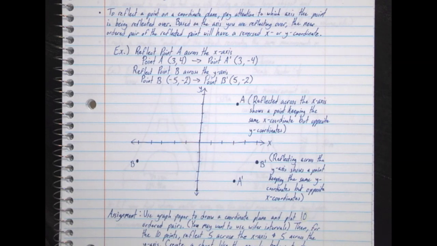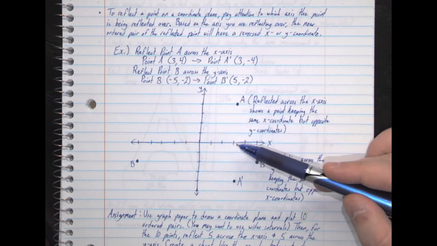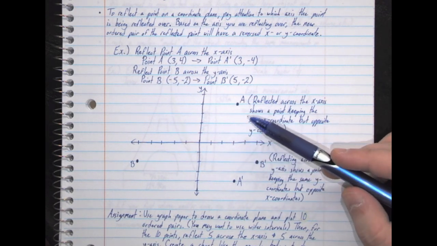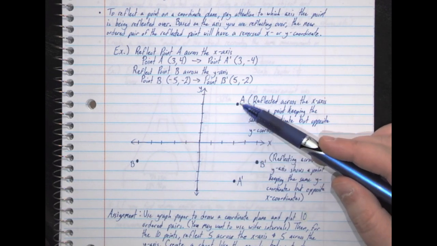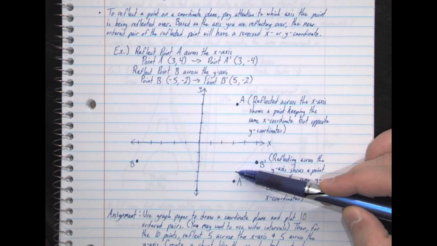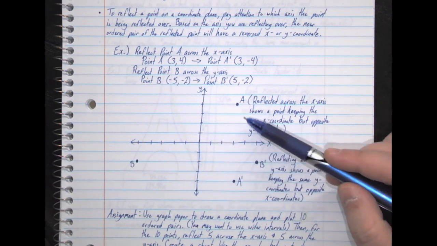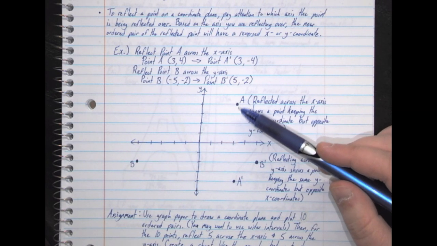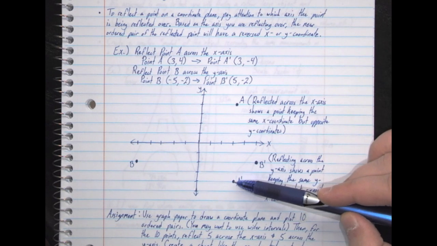We have: reflect point A across the x-axis. So point A is at 3, 4. Over 3, up 4. Now when we reflect that across the x-axis, we're taking this point and we are flipping it across the x-axis. So we kept our x coordinate, but we flipped the y, and that's where our change was made.